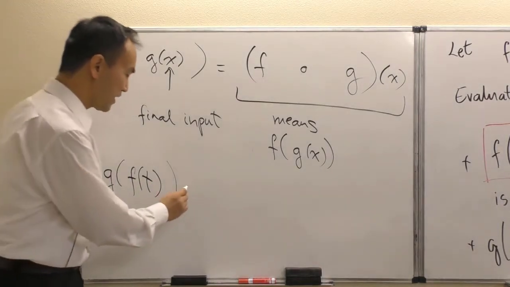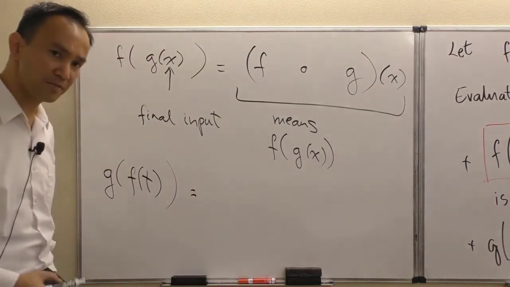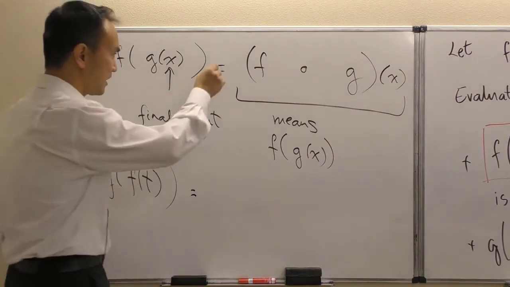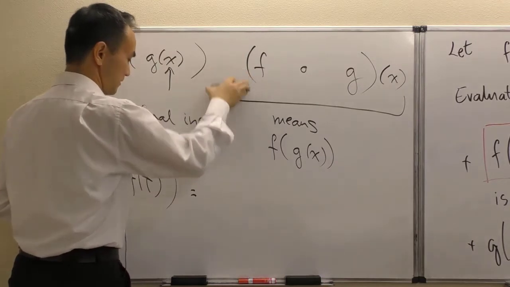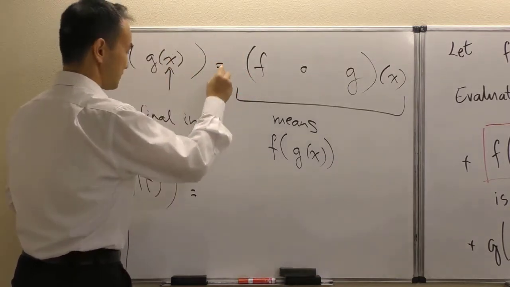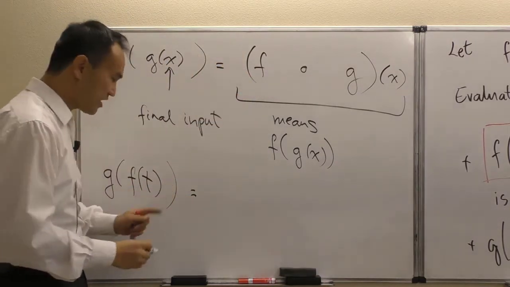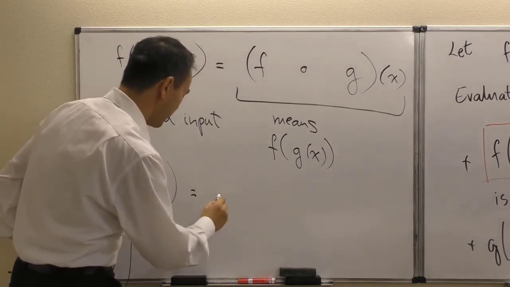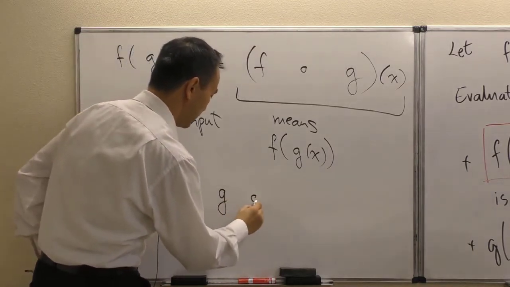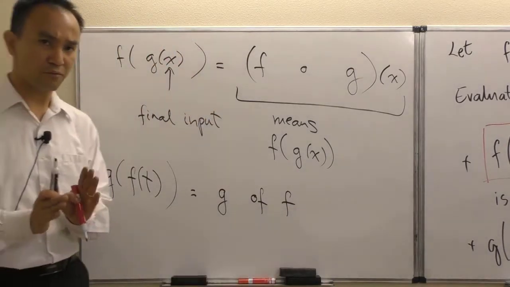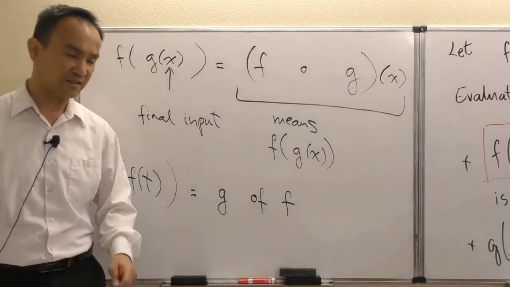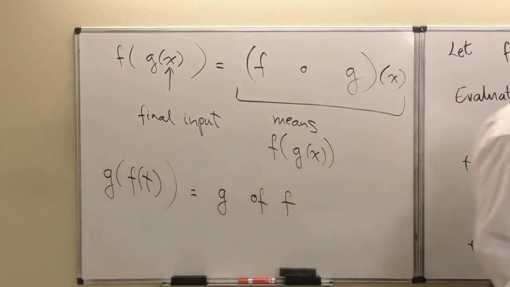Now, in the way how we read it, and I shouldn't use an equal sign in terms of notation, but formally I would like to indicate that the way we read it, this reads G of F. That's primarily what we should target.